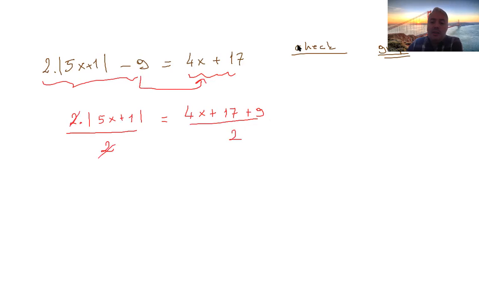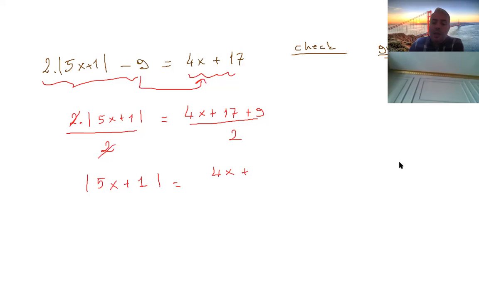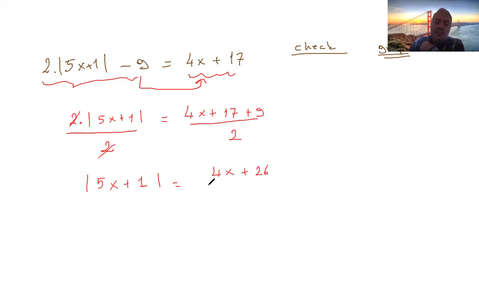I get the absolute value of 5x plus 1 equals 4x plus 26 divided by 2. And then one more step: if I take 2 common in parentheses, 2 times 2x plus 13 divided by 2. These simplify. The result will be 2x plus 13.